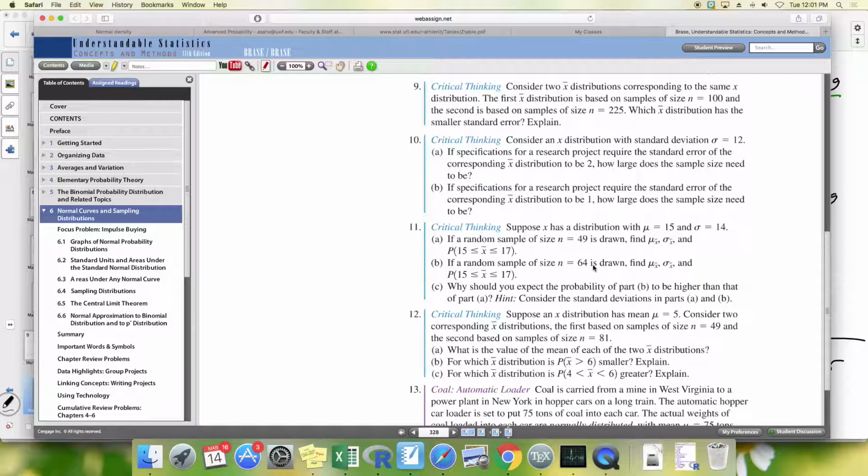In part B, n is 64 versus in part A, 49. If n is small, the middle portion is small. This we already know, that's not a mystery to us anymore. So in part B, n is big, so middle portion is big. That's all.